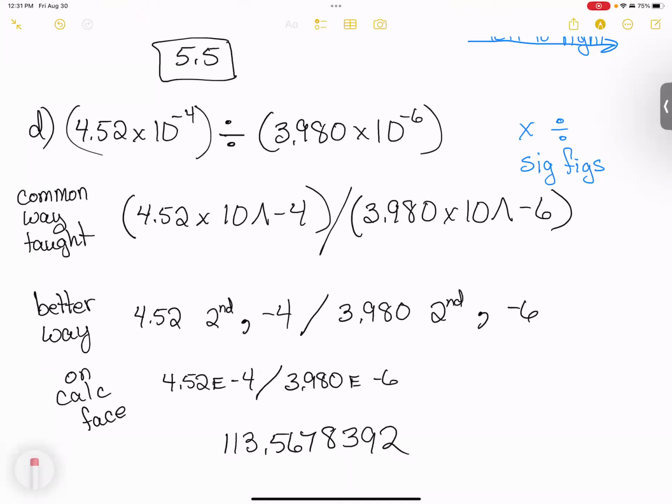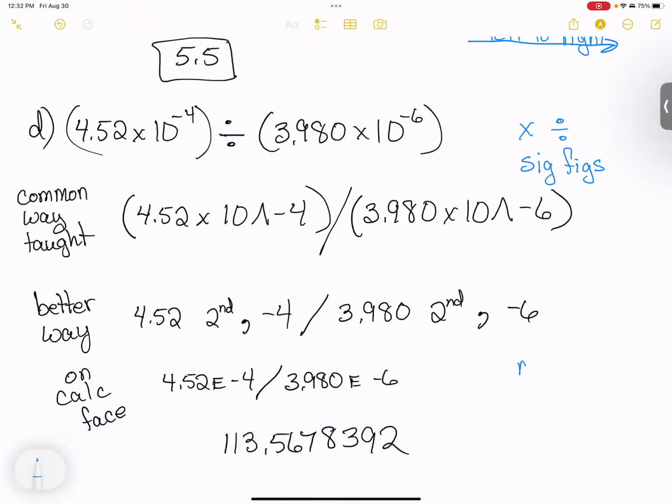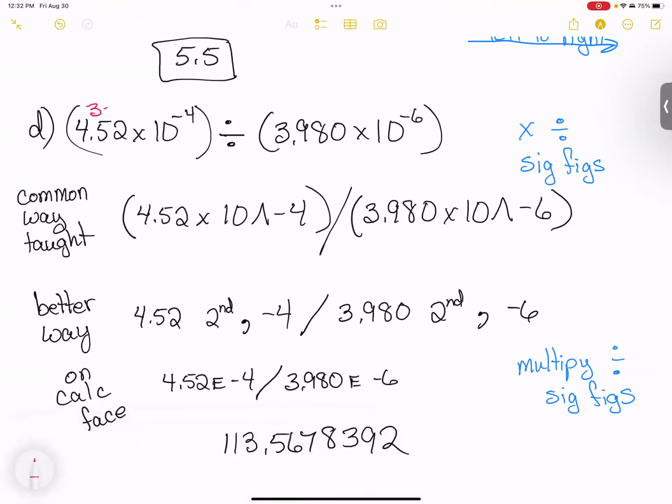And now how many sig figs do I need? This is multiplication and division, so it's sig figs that matter, which I've already said. In scientific notation, let me go back to the original numbers, you have 3 sig figs and 4 sig figs.